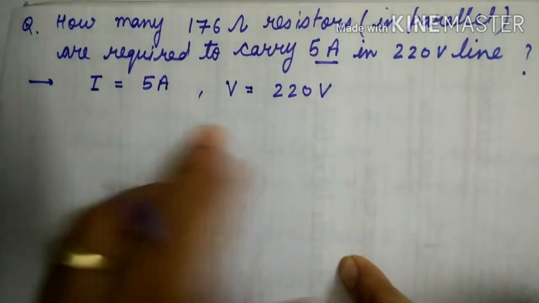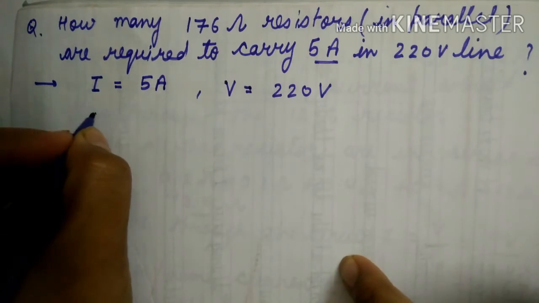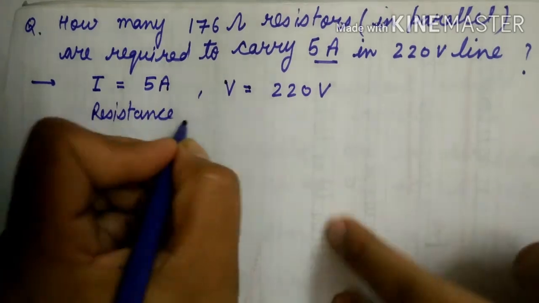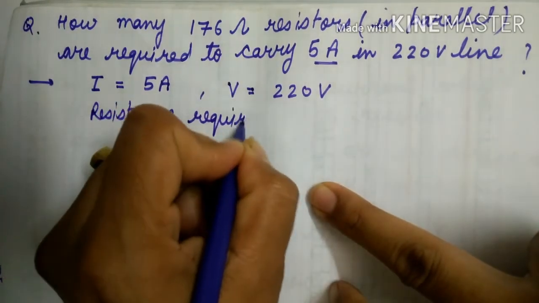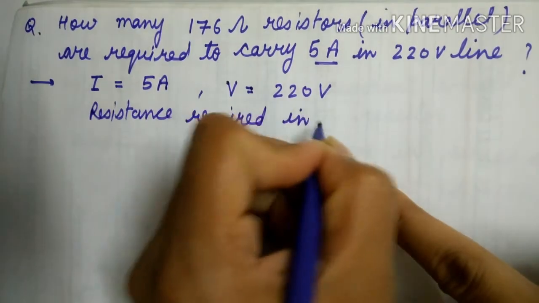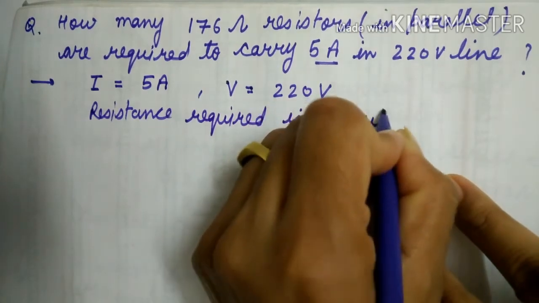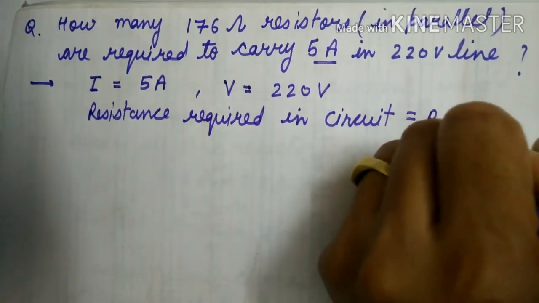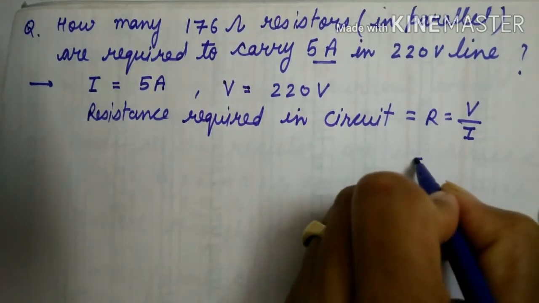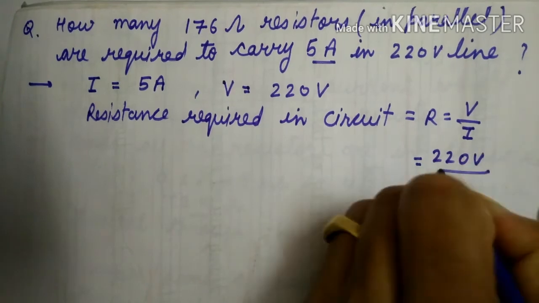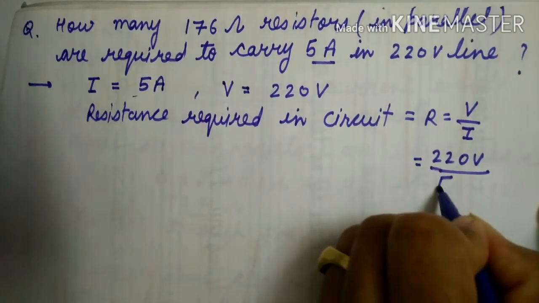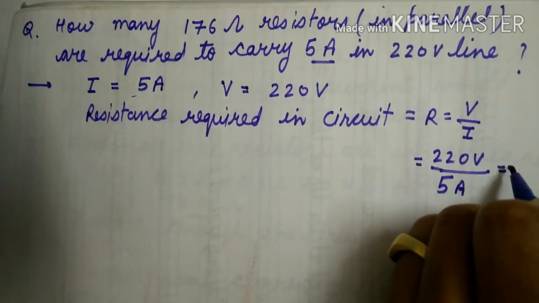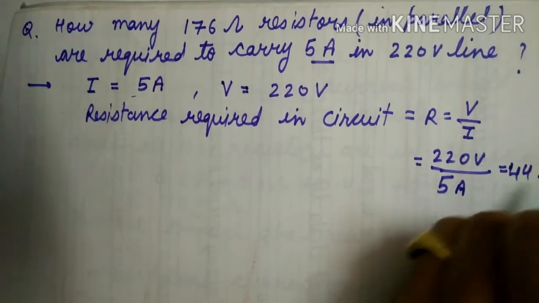So firstly we will find R, resistance required in circuit, that is R is equal to V upon I. So 220 volt, value of I 5 ampere, so it is 44 ohm.